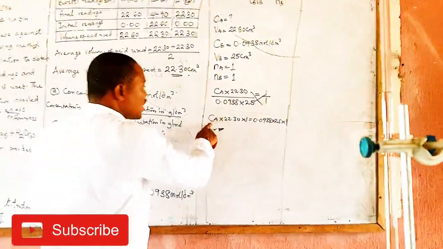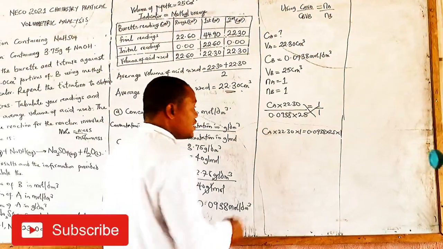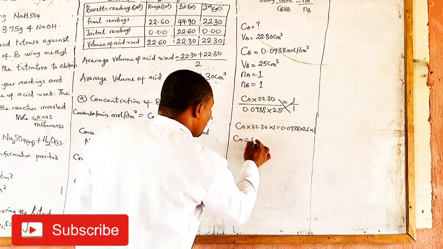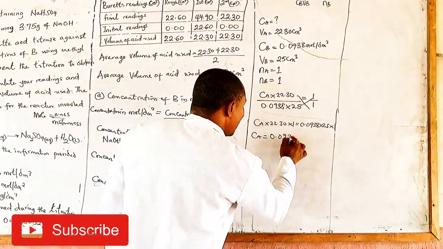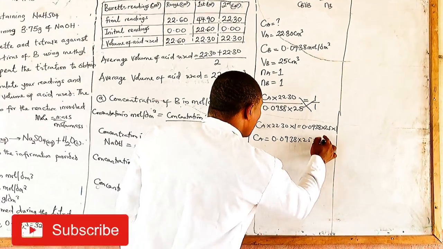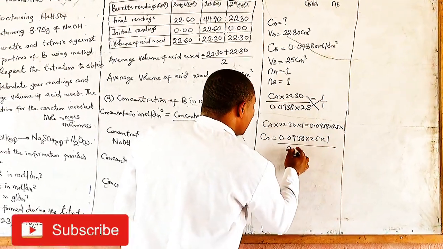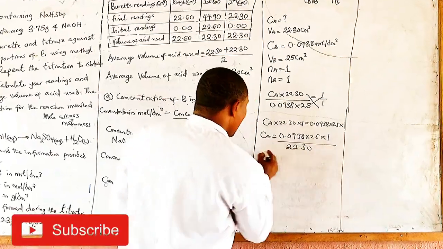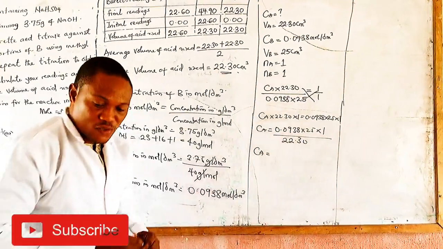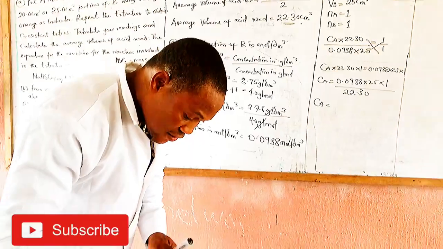So we are looking for Ca, so we divide both sides by 22.30. So we have Ca equal to 0.0938 times 25 times 1 over 22.30. So our Ca becomes, use your calculator, please, very, very careful.